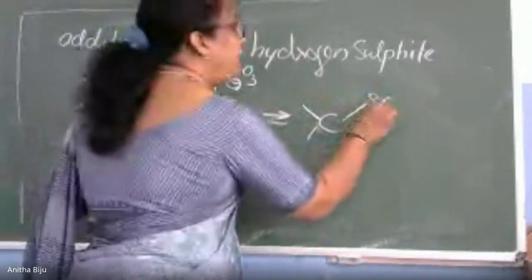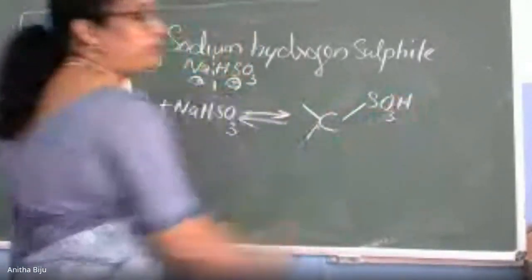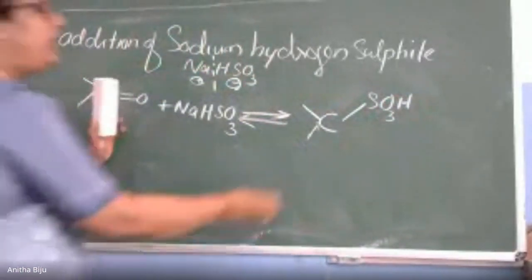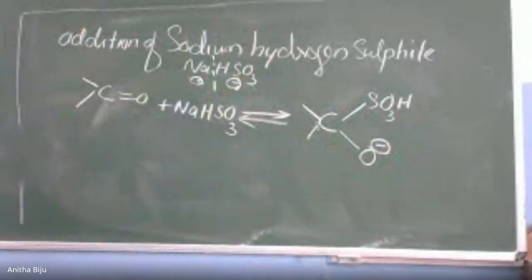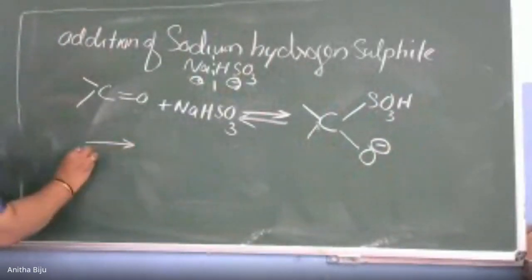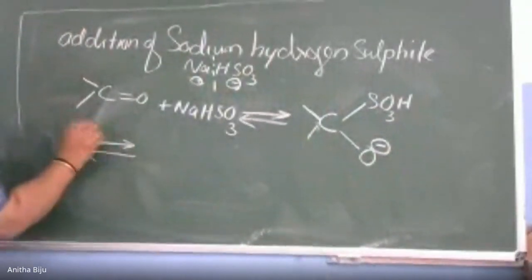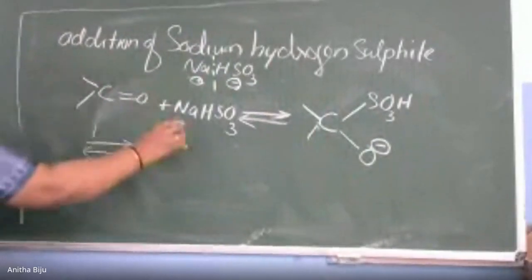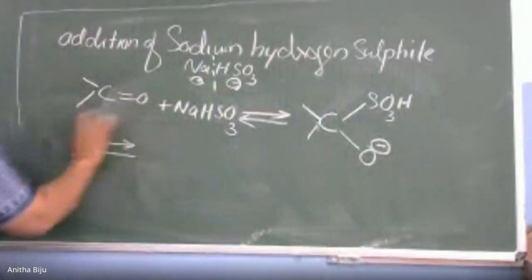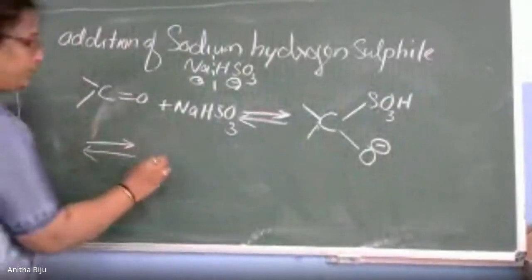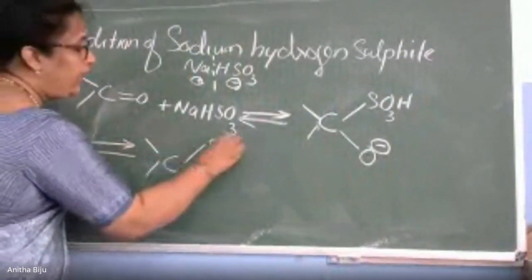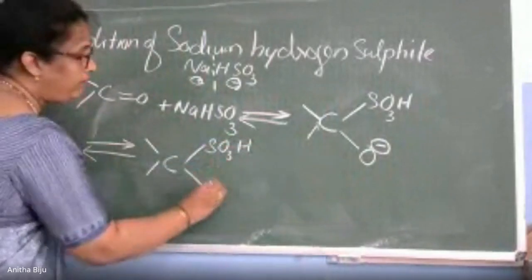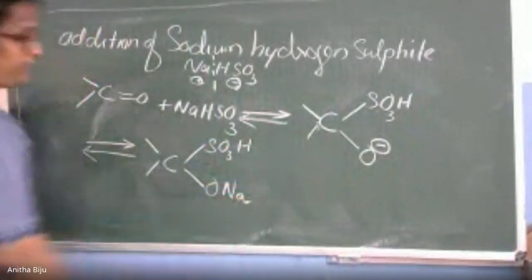You can write SO3H, and here we have O minus. And there is a second stage. Here addition of H plus takes place. Here instead of H plus, we have Na plus, and the product obtained is SO3H, and here we have ONa.